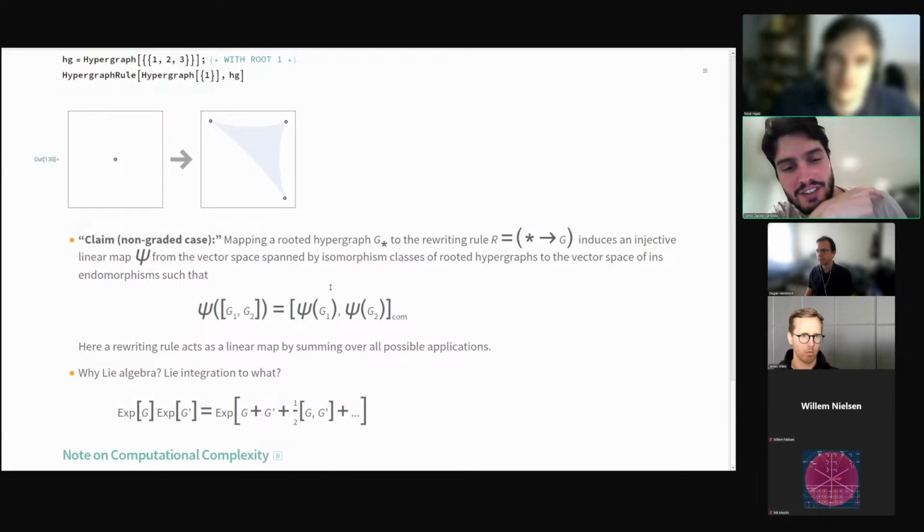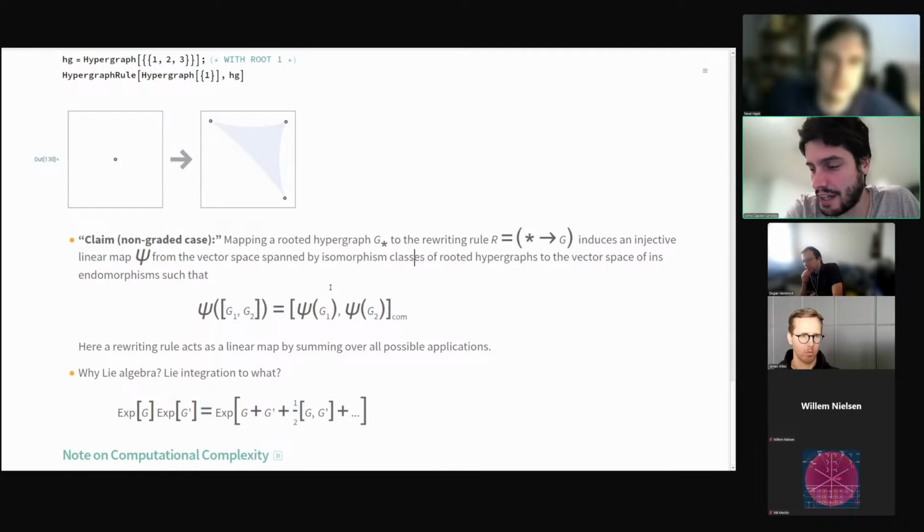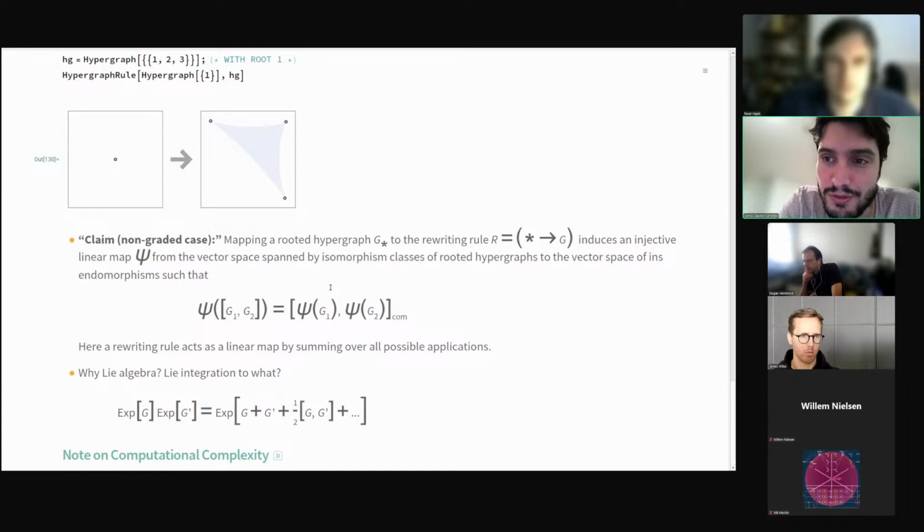As a side comment here, I don't know how to go forward with this, but it would be interesting to counterbalance. This is fascinating. You're relating a rewriting rule to a linear map. Let alone the homomorphism condition that you suspect, just connecting a rewrite rule to a linear map is already a lot of progress, because it's bridging two worlds that don't really talk to each other that well.